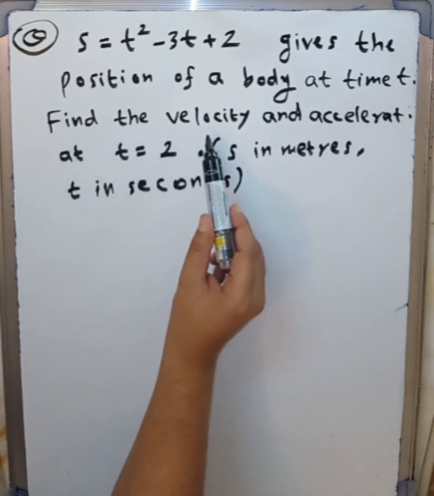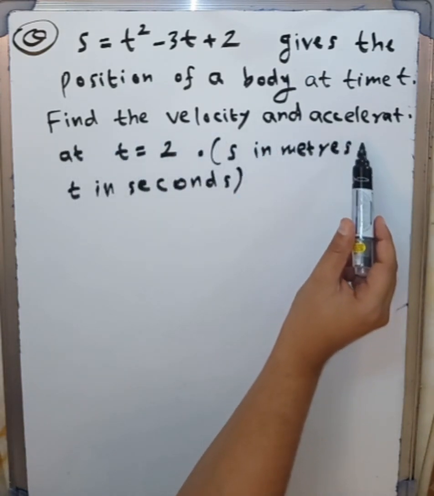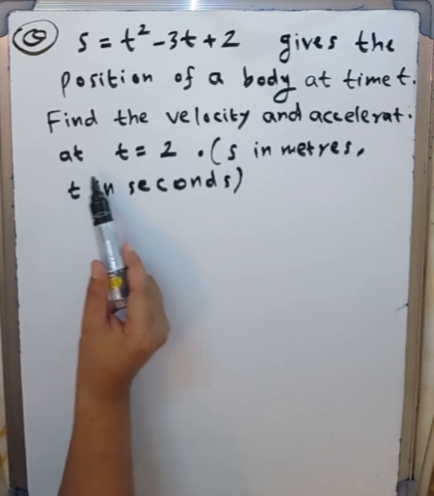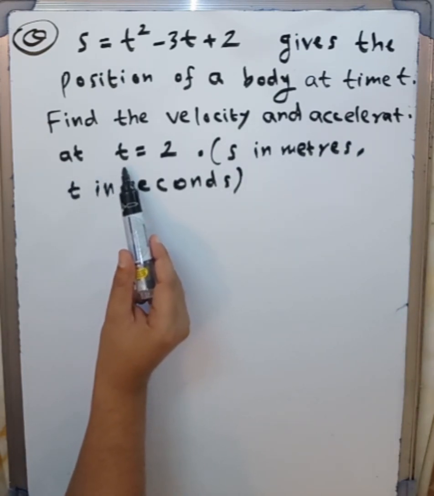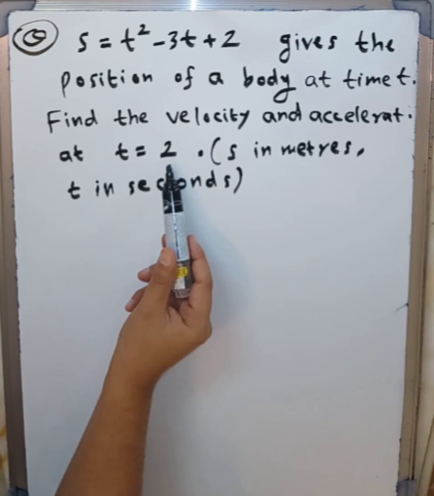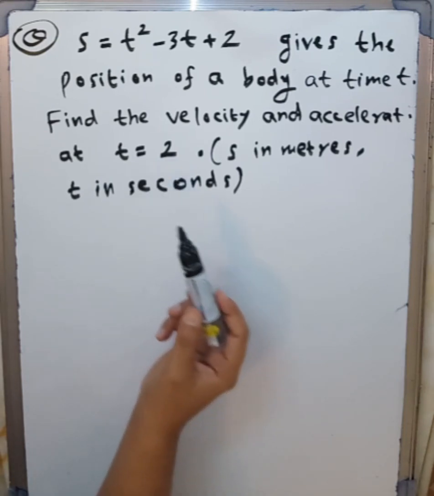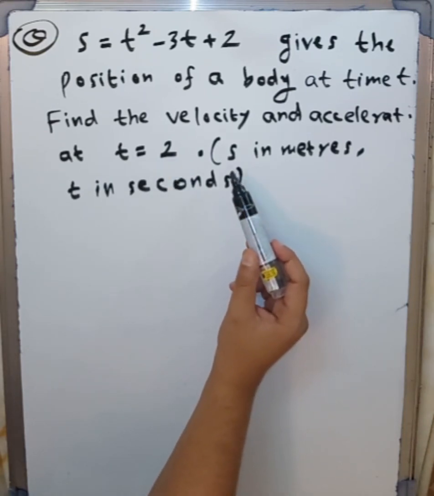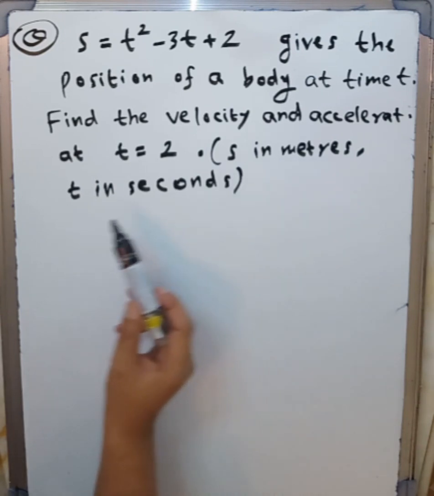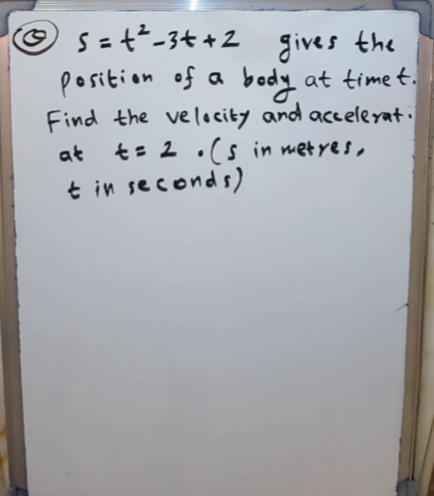Find the velocity and acceleration at time t equal to 2. And regarding units, they have given that s is in meters and t is in seconds. So let us start.